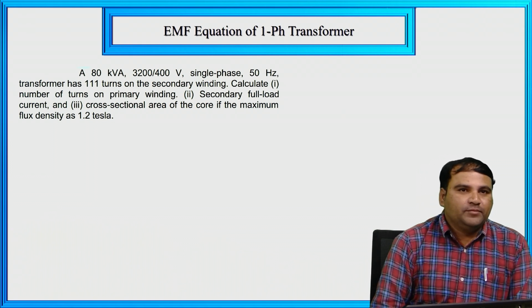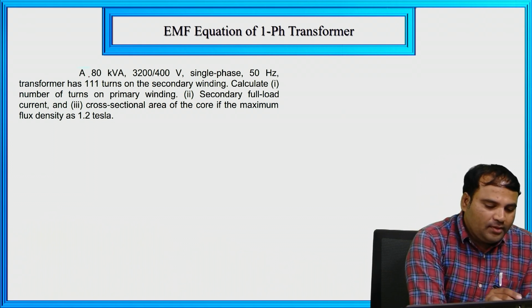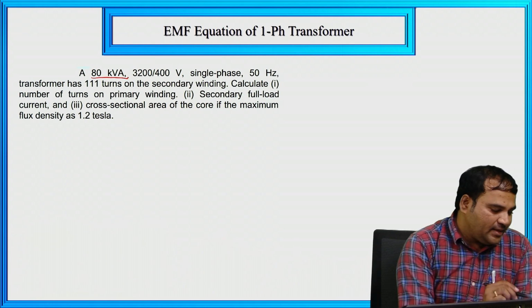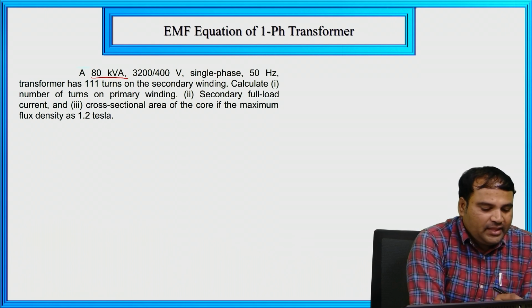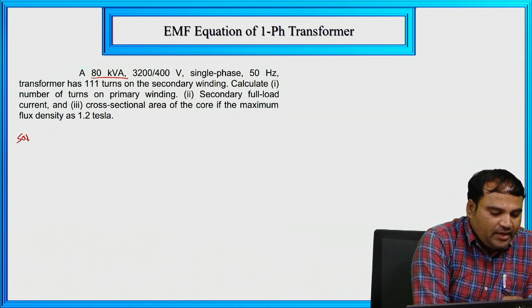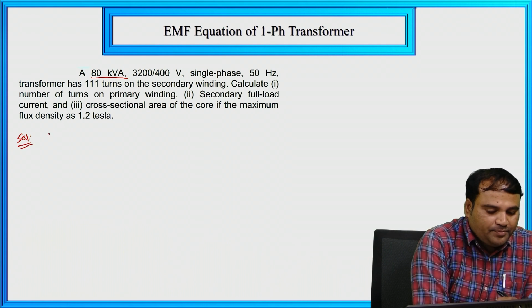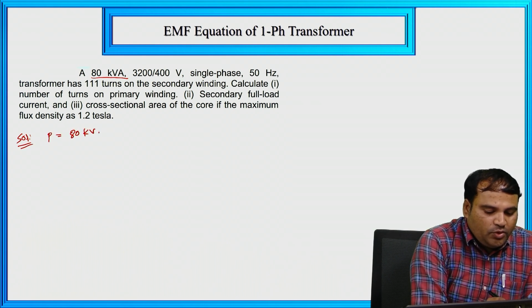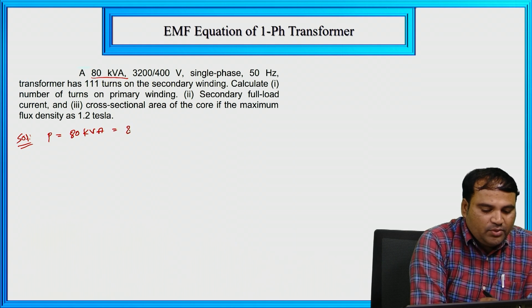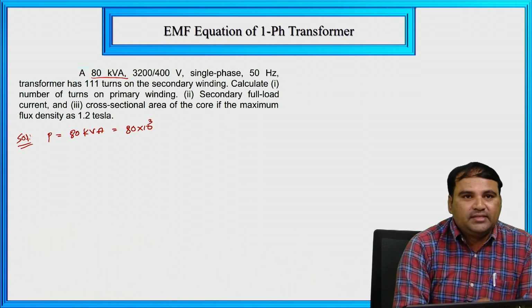Okay, so here 80 kVA is nothing but the power rating of the transformer. So P equal to 80 kilovolt amperes, that is equal to 80 into 10 power 3 volt amperes, since 1K is 1000, that is 10 power 3.